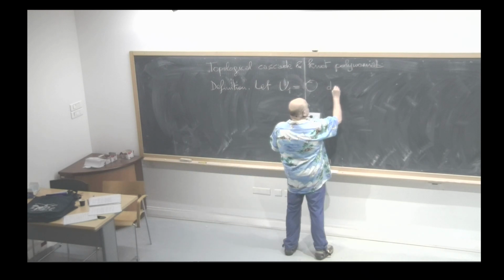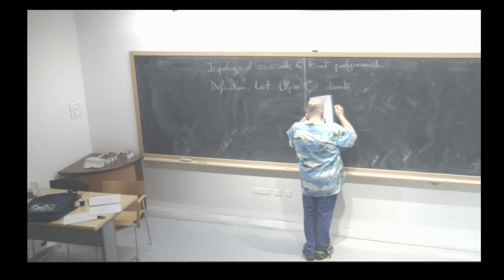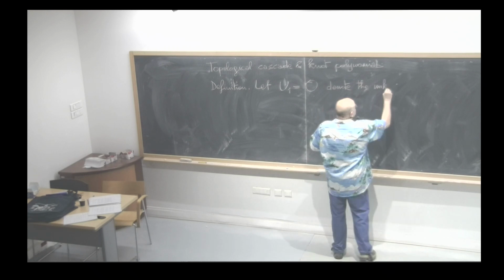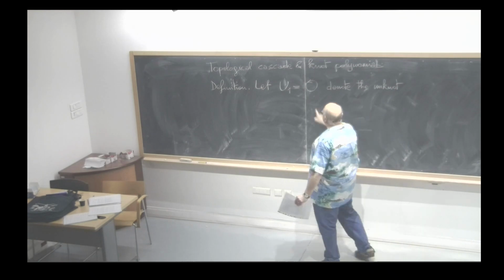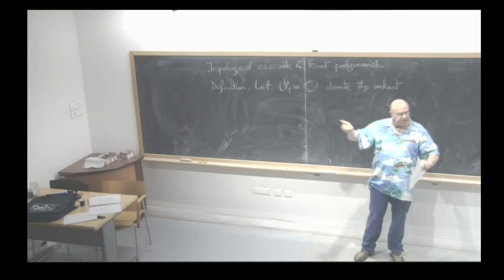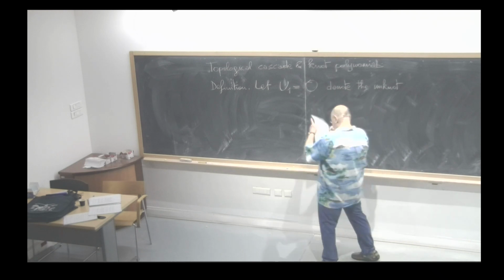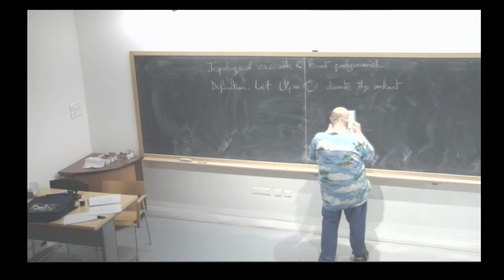And these denote the unknot. I'm implying a continuous deformation of this, so it can be highly twisted in space, but it's still the unknot.